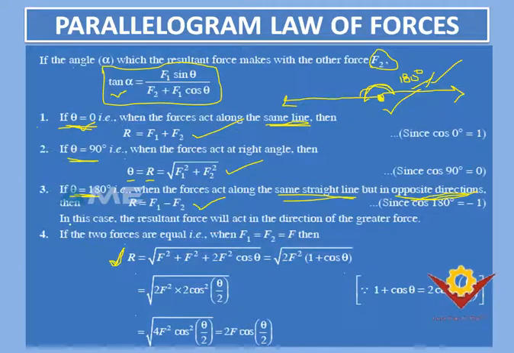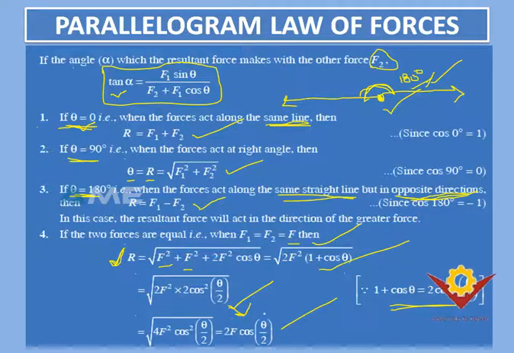And coming to the fourth one, if two forces are equal, that is when F1 equals F2, say just F, then what is your resultant? If you substitute F1 equals F, F2 equals F, then you are going to get this equation. And now 1 plus cos theta, from the trigonometric equations you will get this equation. If you simplify that, what you are going to get is 2F cos theta by 2.